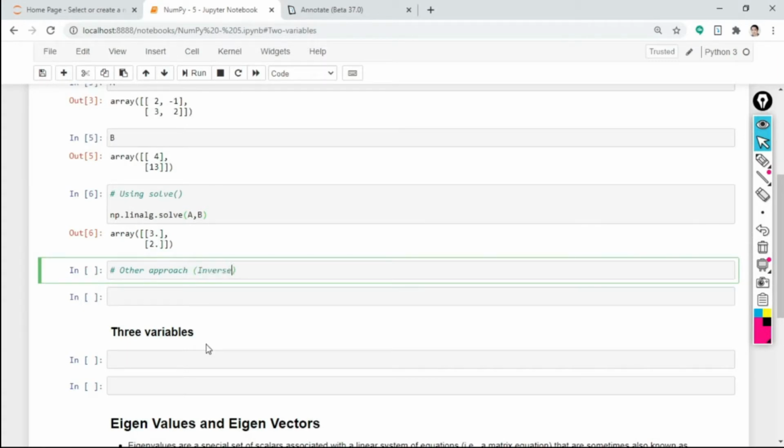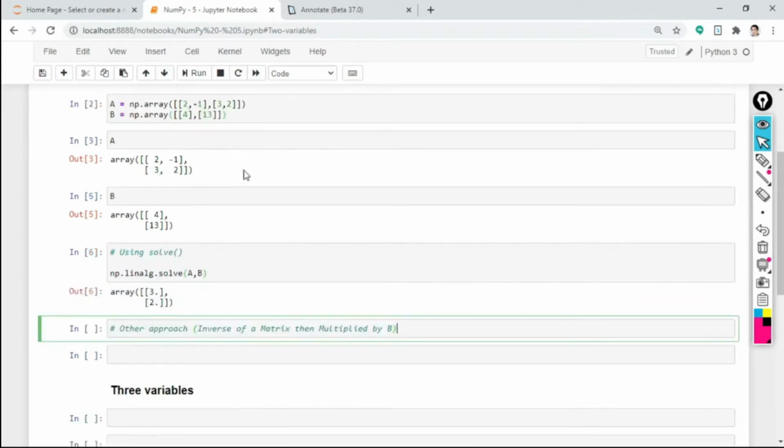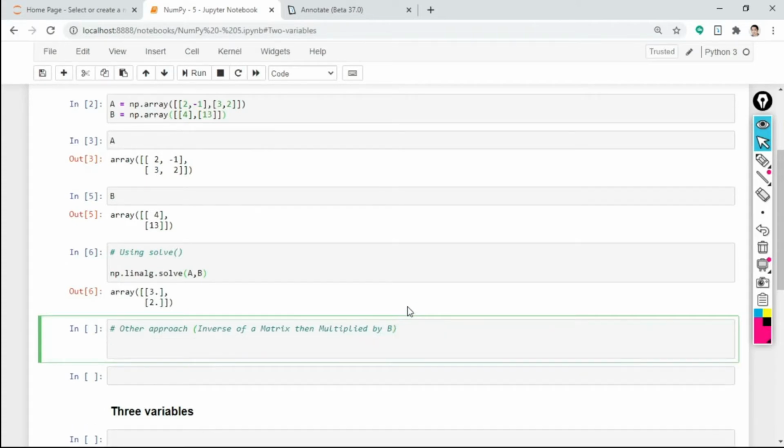So if you follow the formula, it is the inverse of a matrix, then multiplied by B, which is our constant, which is 4 and 13. So this is another approach. So let's see if we will arrive at the same value of 3 and 2.